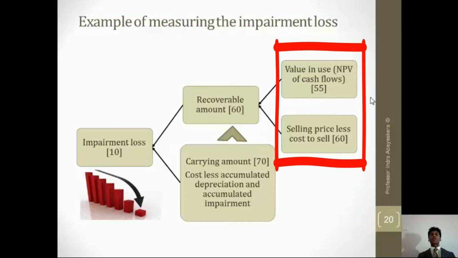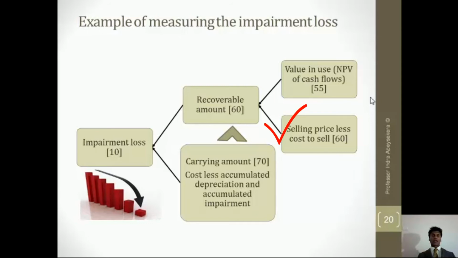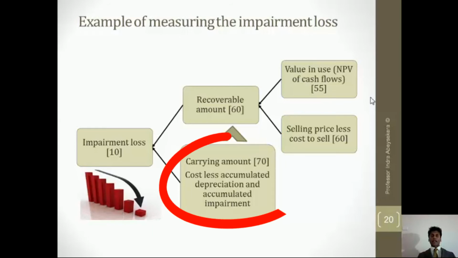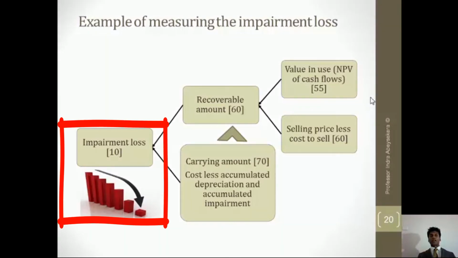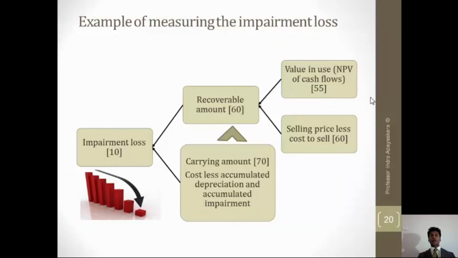So the higher of the two is 60. Then we compare with the carrying value, which is 70. We need to decrease by 10 because we need to bring down the carrying value 70 to the recoverable value of 60. So the decrease is 10.